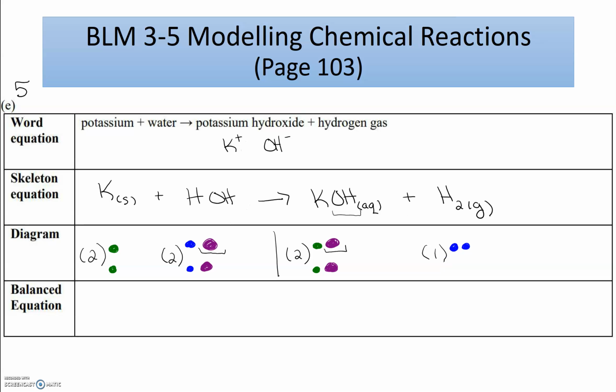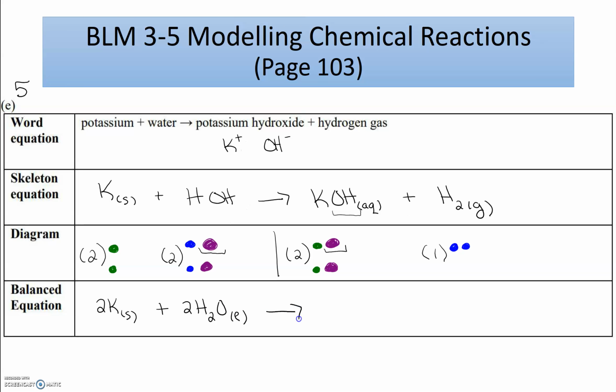So when I go to write my balanced reaction, my coefficient is the number of drawings that I did for each reactant and product. So I drew 2 potassiums, so that means my coefficient for potassium is 2K. I drew 2 waters, so my coefficient for water is going to be 2. And now I'm going to write water the way we normally write the water formula, which is H2O.